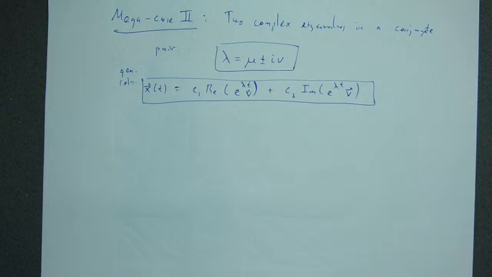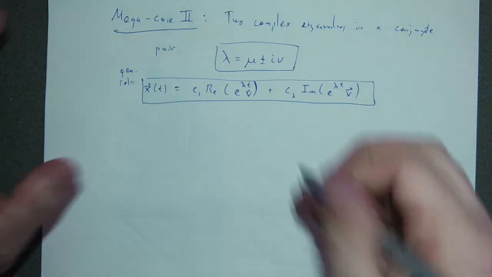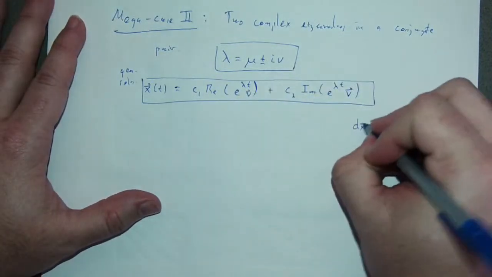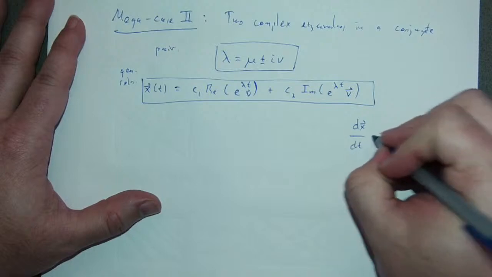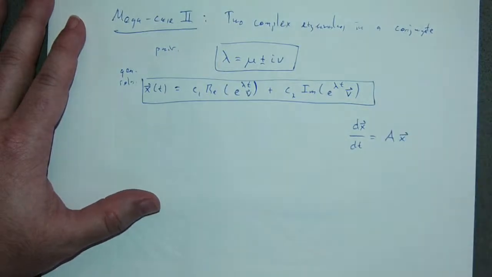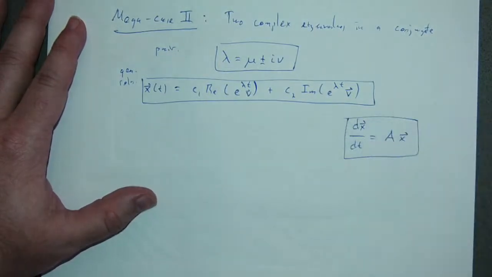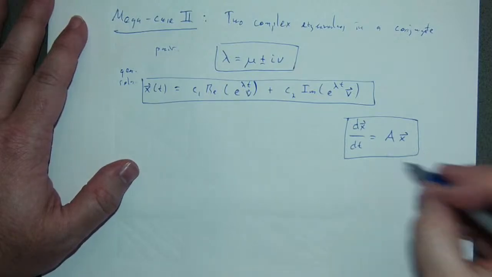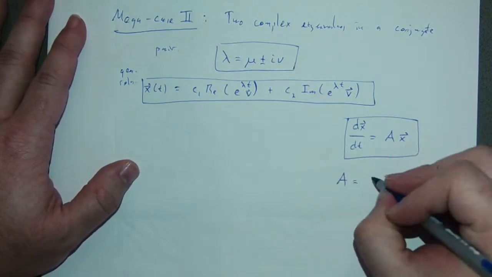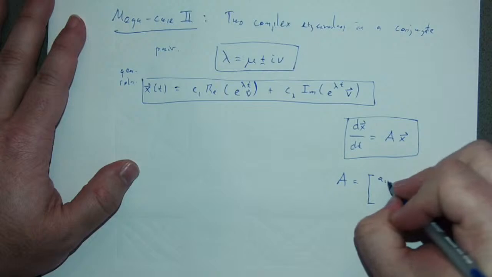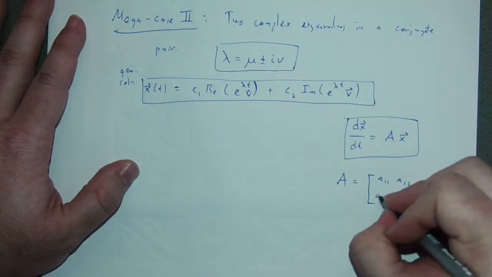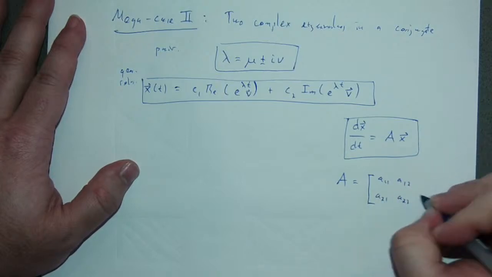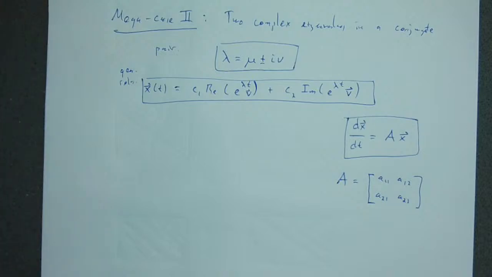All right. Now, recall our equation that this solves looks like this, where A is equal to A11, A12, A21, and A22. Now, it turns out that this splits into 6 cases.